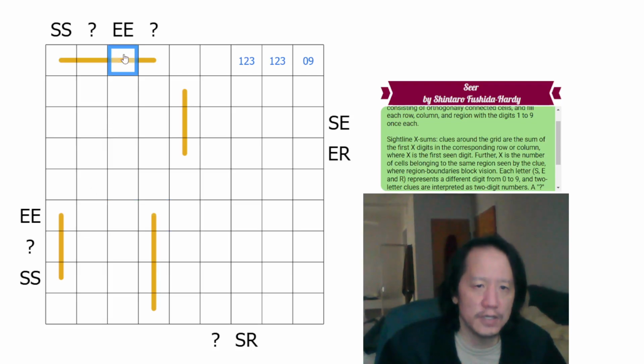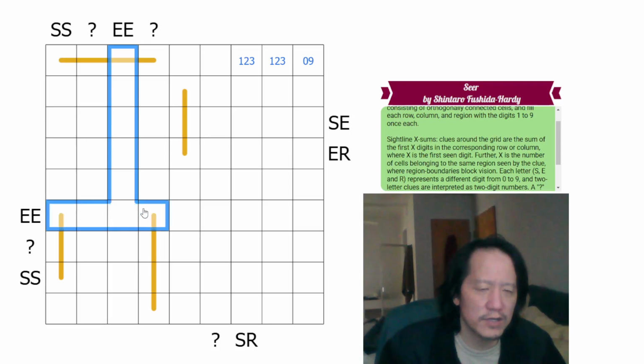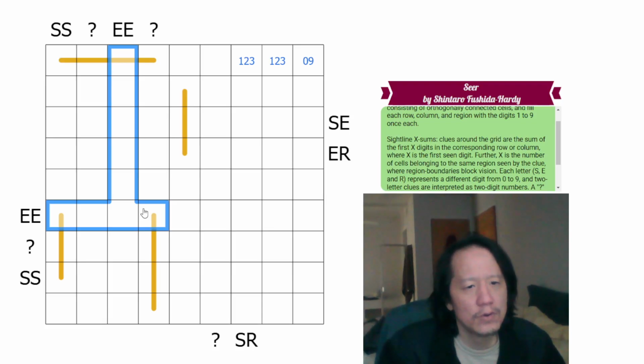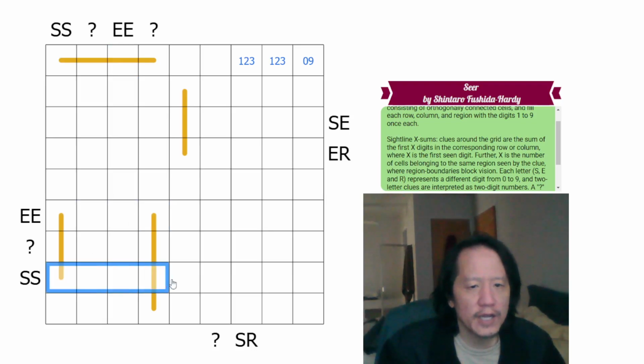So this EE can never be 6, because, well, can it be 4 with that, essentially? Oh, it's possible to be 6. What can this be, essentially, SS? SS 33 requires at most 7 digits.